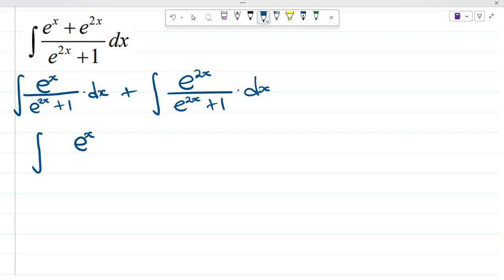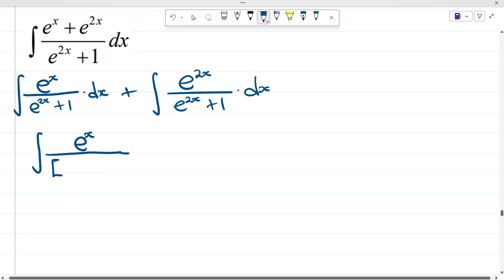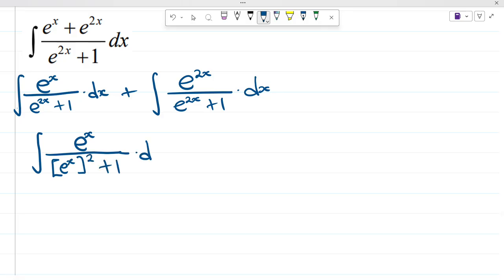We're going to have the integral of e to the power x divided by e to the power x squared plus 1 dx, plus the integral of what we have here, which is just e to the power 2x divided by e to the power 2x plus 1 dx.